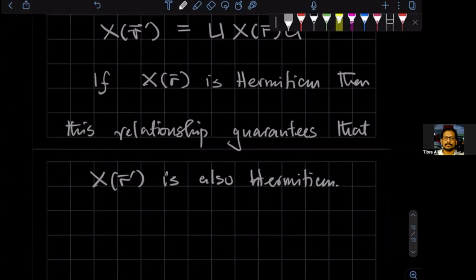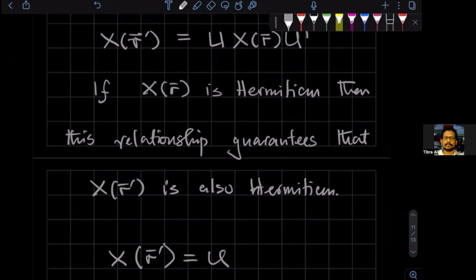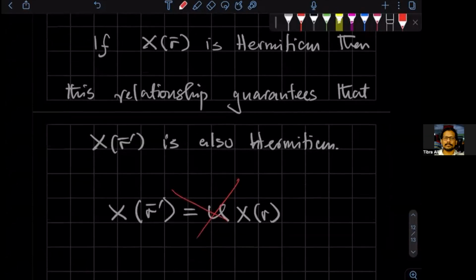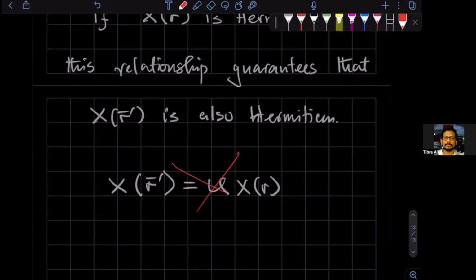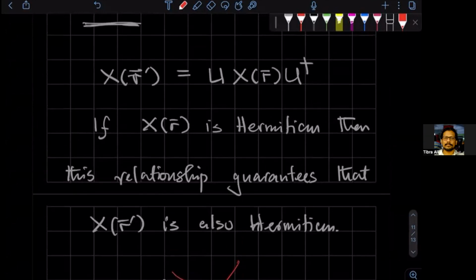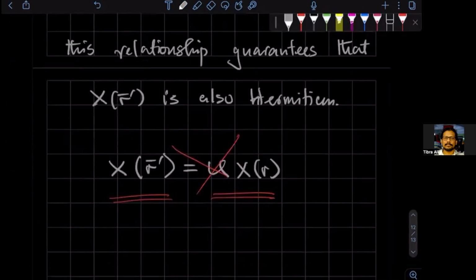If on the other hand you say, okay, why don't I try this? X of R prime is some matrix U, we don't know what matrix it is, times X of R. This will not do, because if you take the Hermitian conjugate of this, you will not get a Hermitian matrix over here. Whereas if I take the Hermitian conjugate of this thing, what do I get?